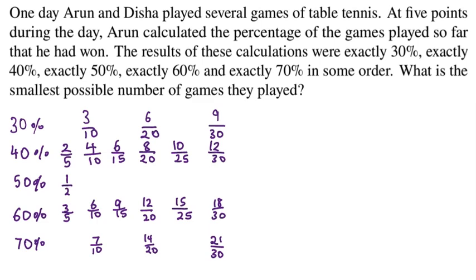Because we want the smallest possible number of games. And we also know that they're taken at 5 different points throughout the day. Therefore, the total number of games is always increasing.